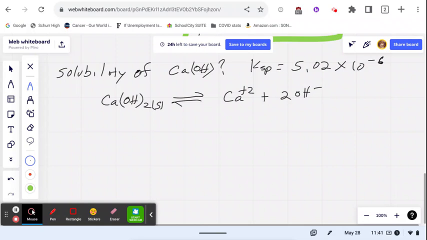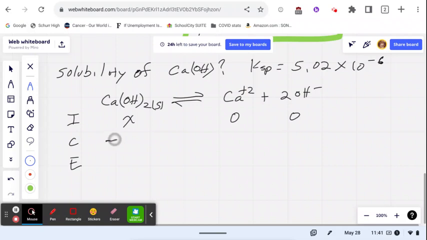Okay, so we're going to make an ice table like we did before. We're going to say there's X moles per liter of calcium hydroxide and no calcium ion, no hydroxide. So the initial line is basically, put it in water. There's no calcium ion, no hydroxide ion to begin with.